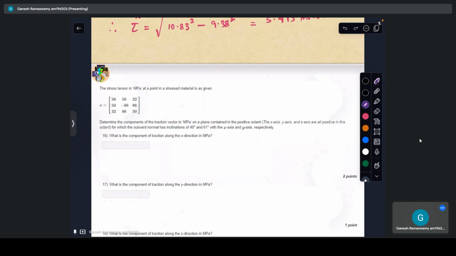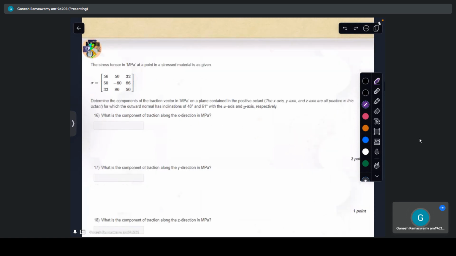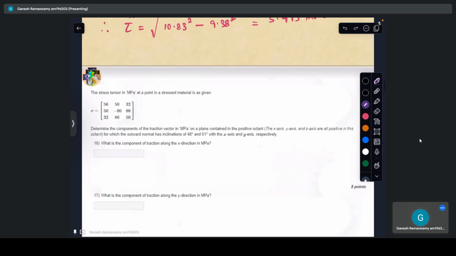And we have been asked to calculate the traction vector components and so on. Now, for this traction vector, it says the normal to the plane is contained in the positive octant, that is x, y, and z axis are all positive. So I'll just explain this.